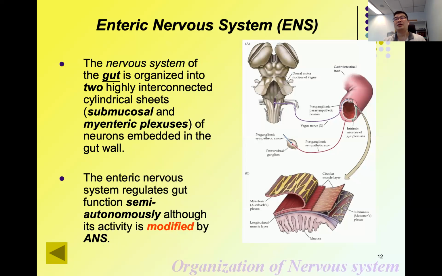So, for example, can you tell me in what cases the central nervous system can control the autonomic nervous system?